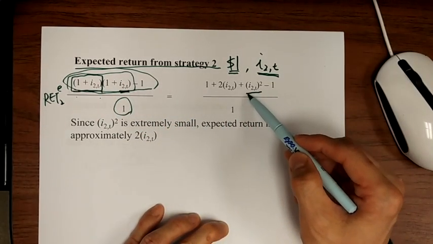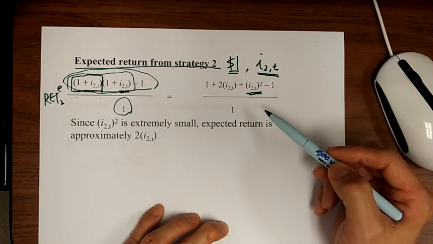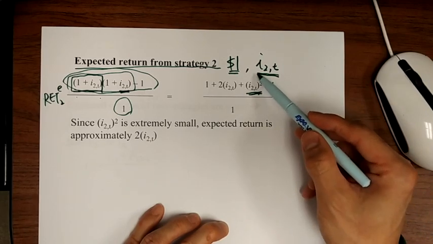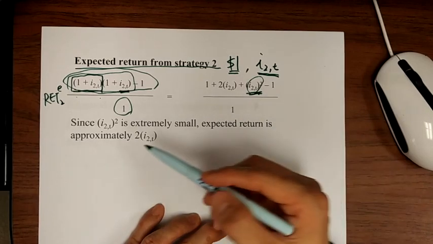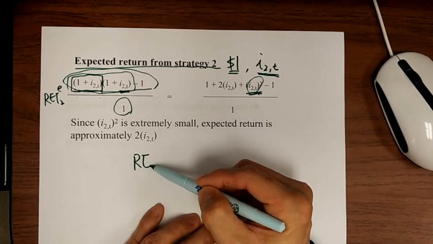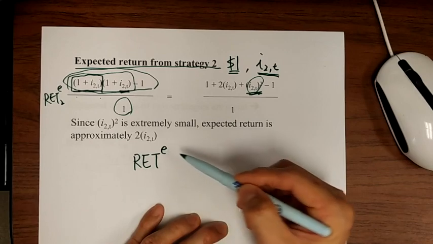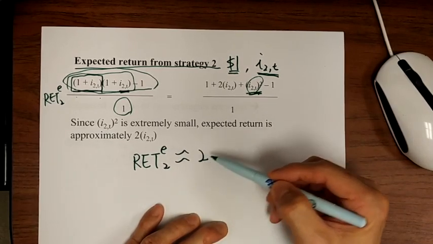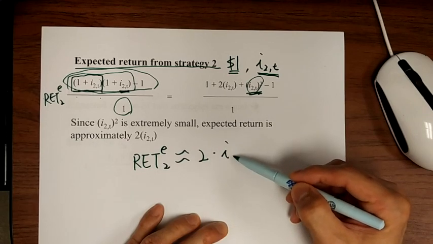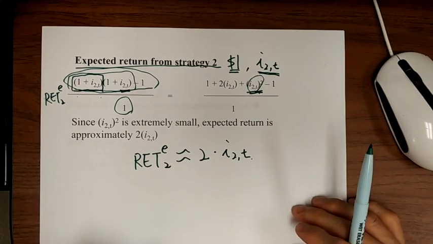And interest rate multiplied by itself, it's a very small number. Therefore, it's ignorable. Therefore, your expected return from the second strategy is very close to 2 times I2t.